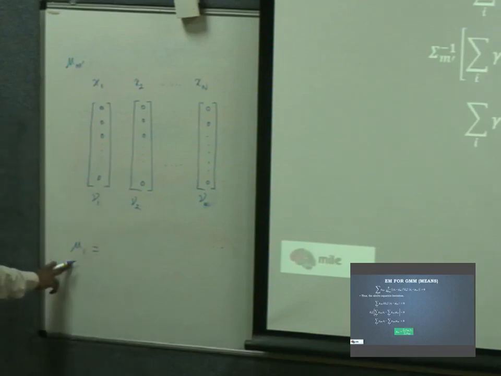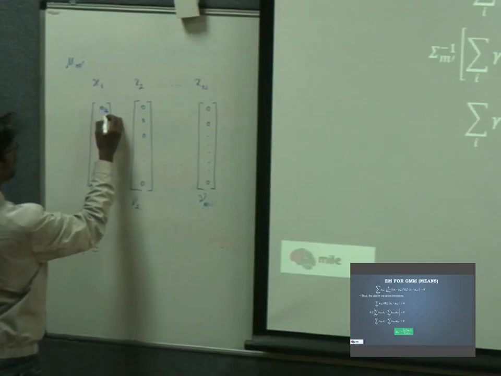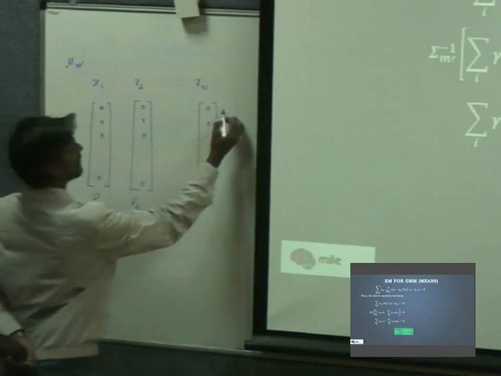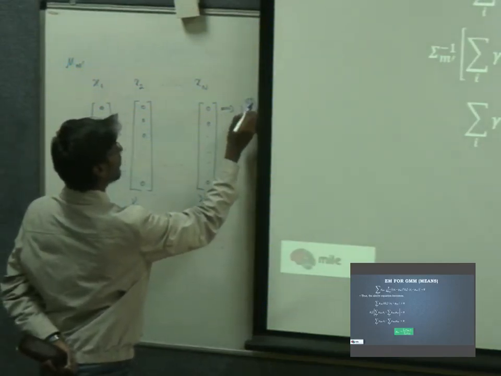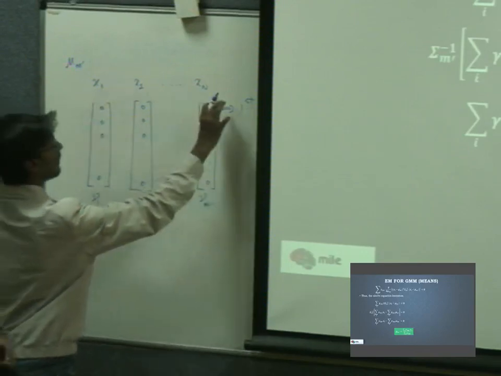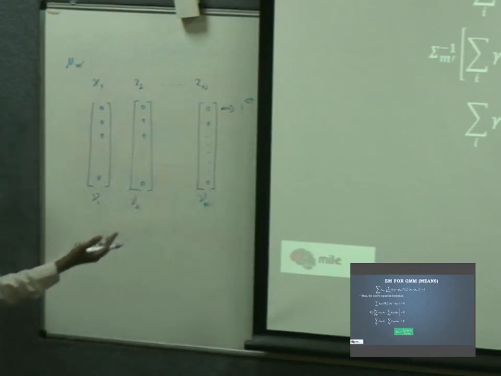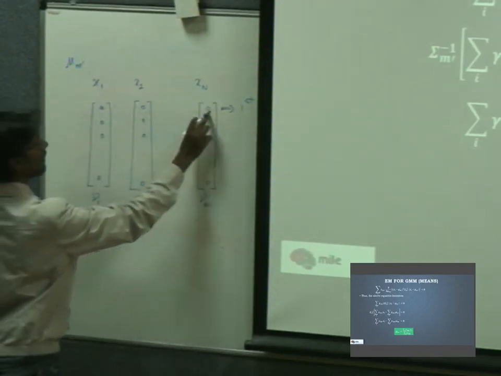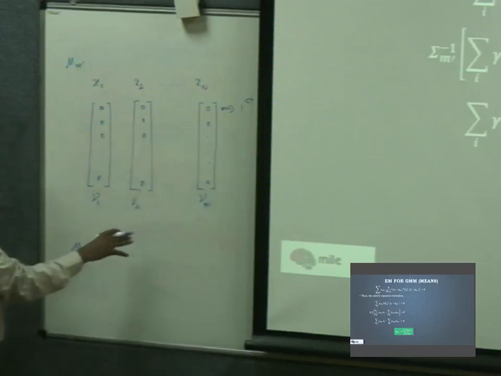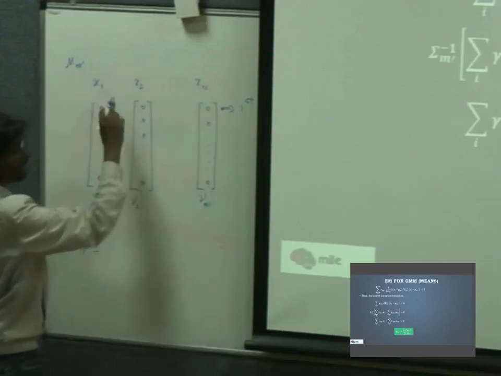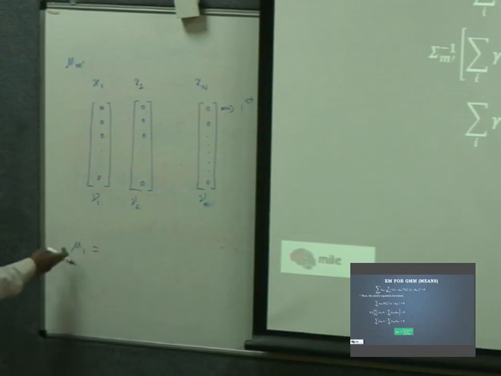So what you should do is take the first component's posteriors. If everything is 1 and the rest are all 0, then it is nothing but the average of whatever samples you have, and that is the mean you get.